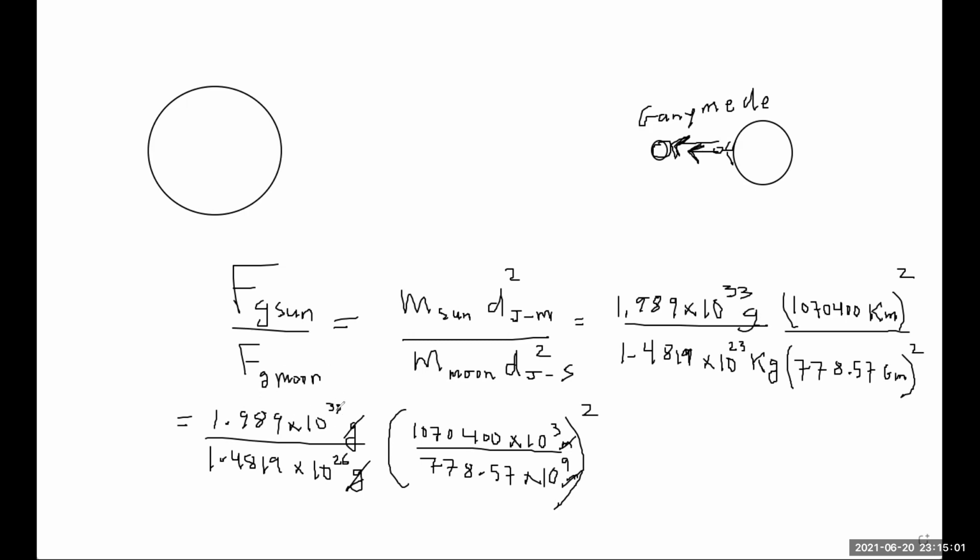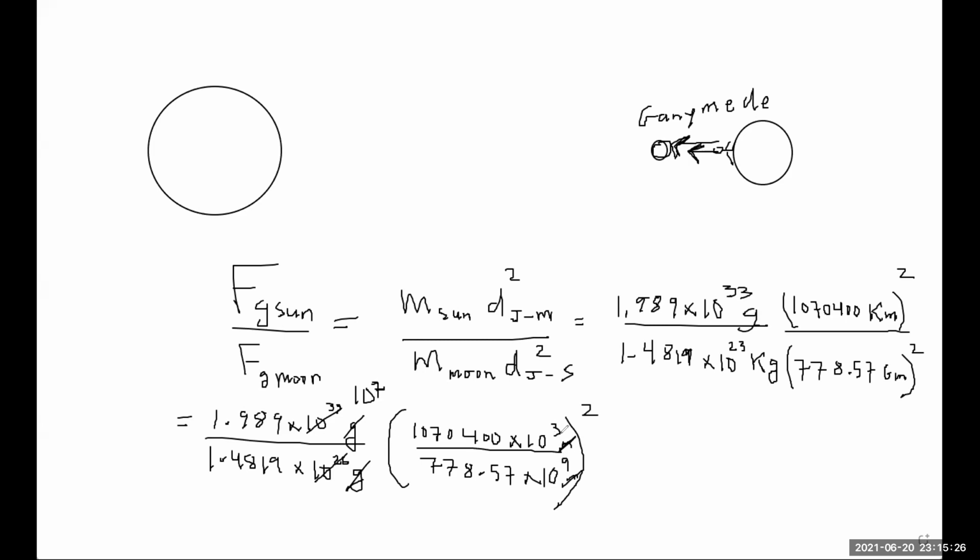So then 10 to the 33 divided by 10 to the 26, what do you do with that? You subtract the powers and you get 10 to the 7th. 33 minus 26 is 10 to the 7th. And then here you can do 10 to the 3rd over 10 to the 9th.